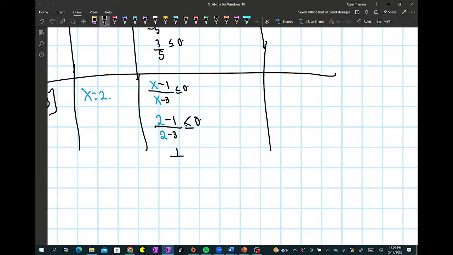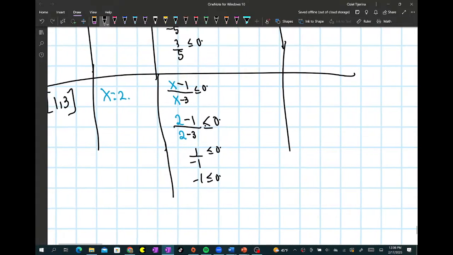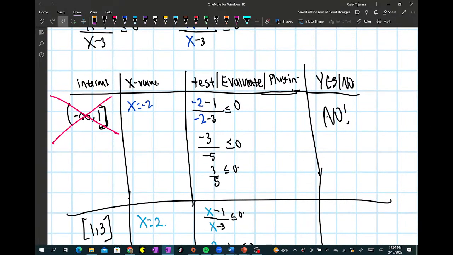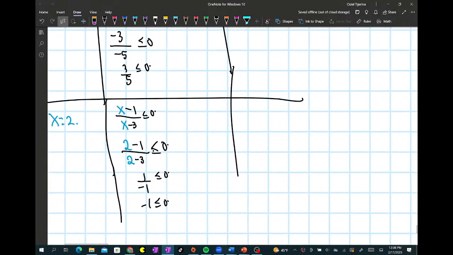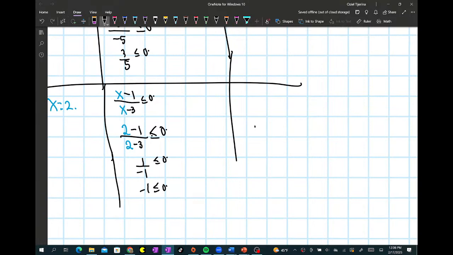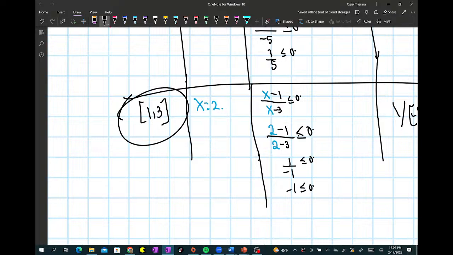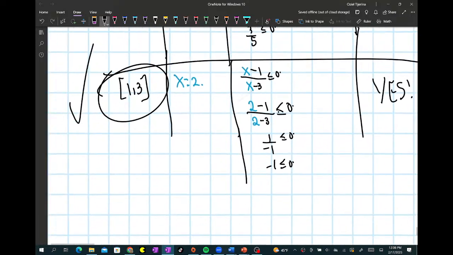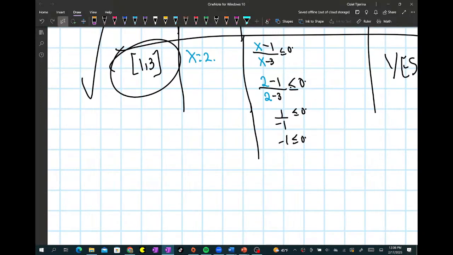This becomes 1 over -1. It's less than or equal to 0. -1 is less than or equal to 0. Obviously, this works. So yes, this works, right? So we can circle it. Check it, do whatever you want, as long as you know that it is satisfied.